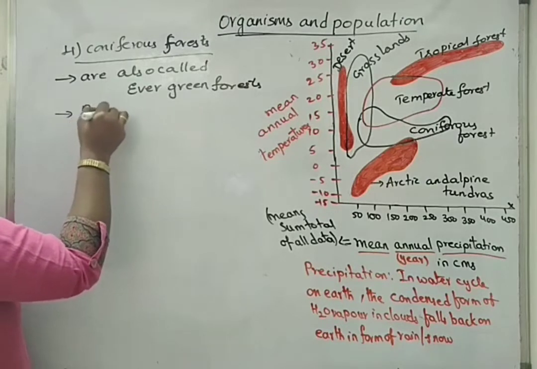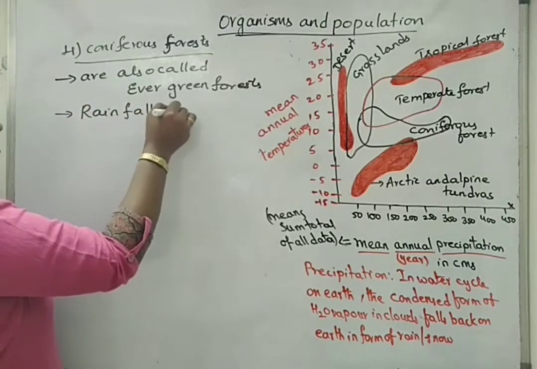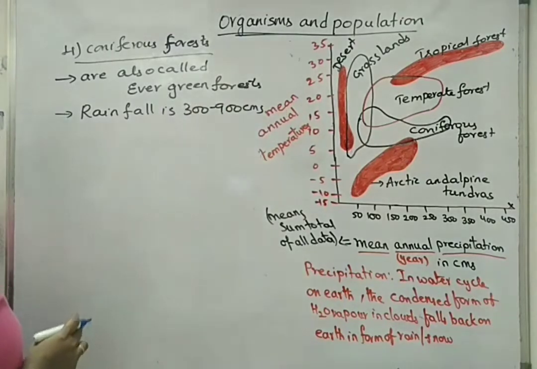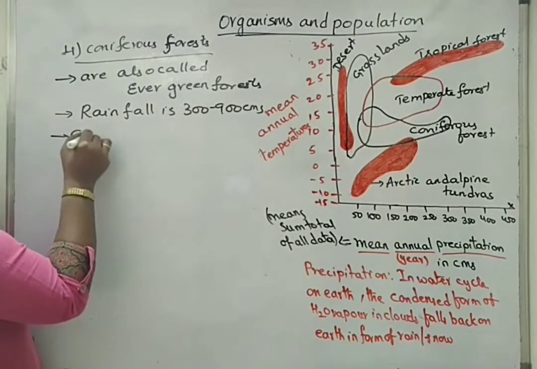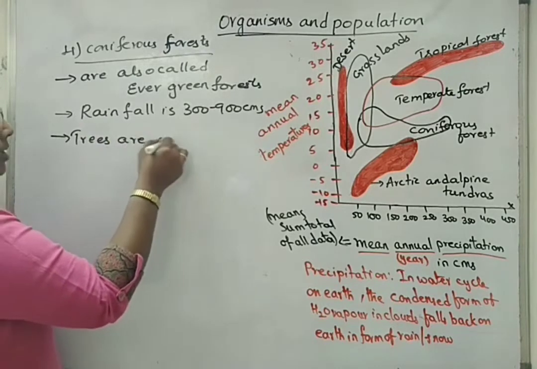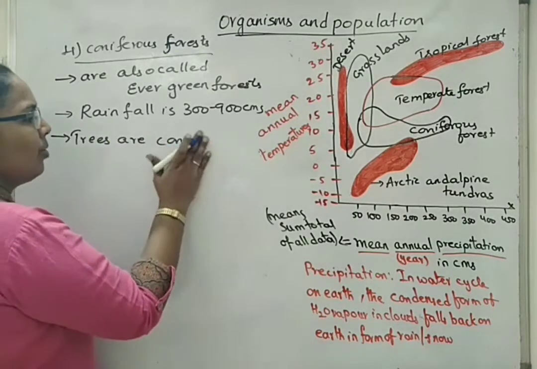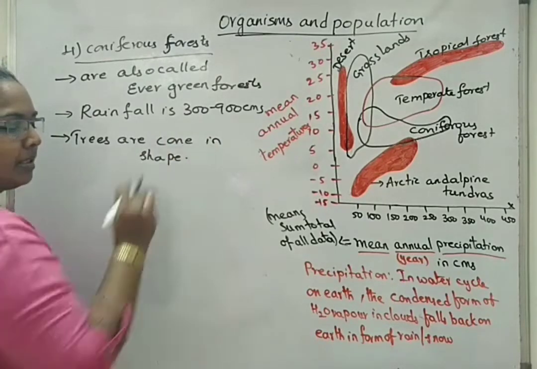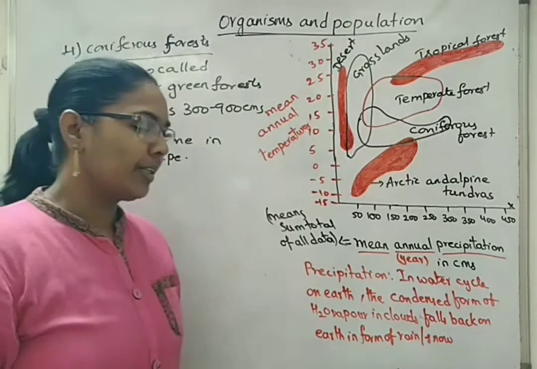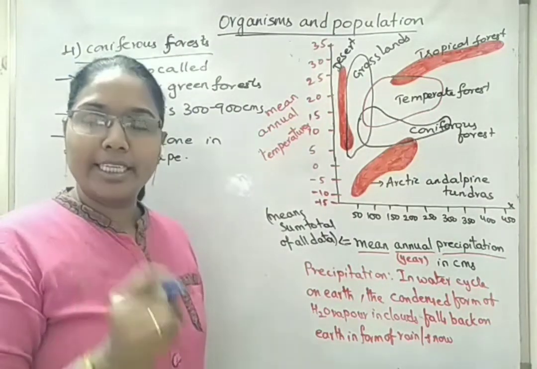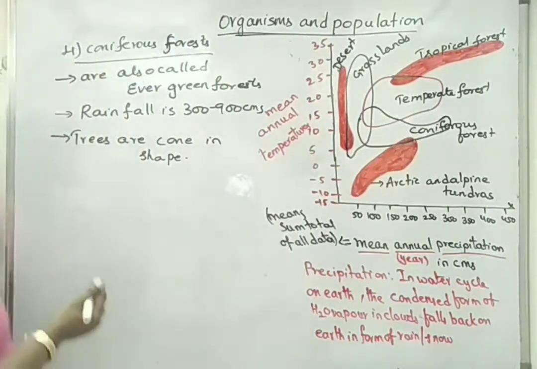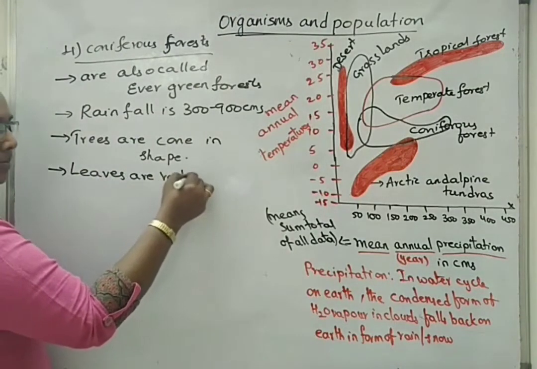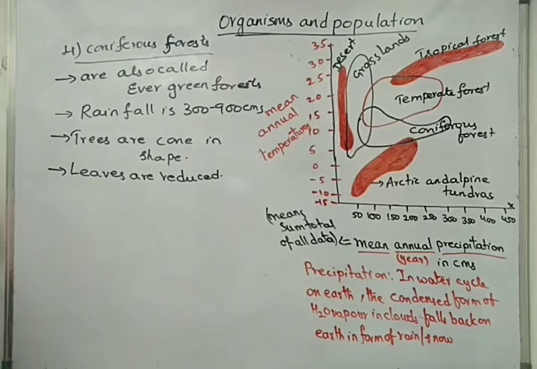Here rainfall is 300 to 900 centimeters. Next, here trees are conical or cone in shape. Next, in case of coniferous forest, the leaves are very reduced or thin needle-like. Leaves are reduced.